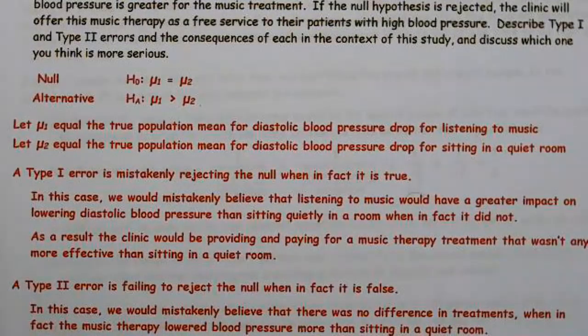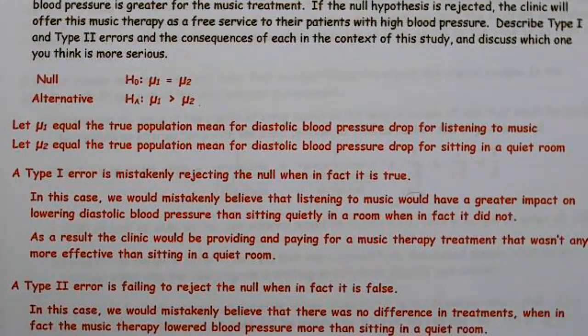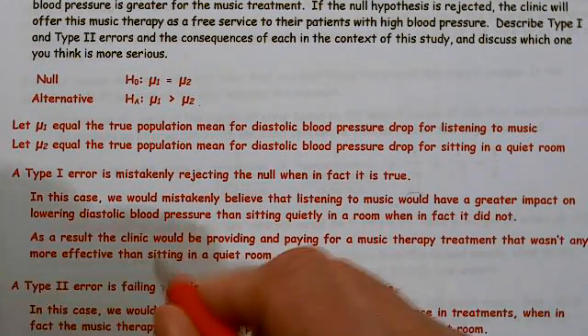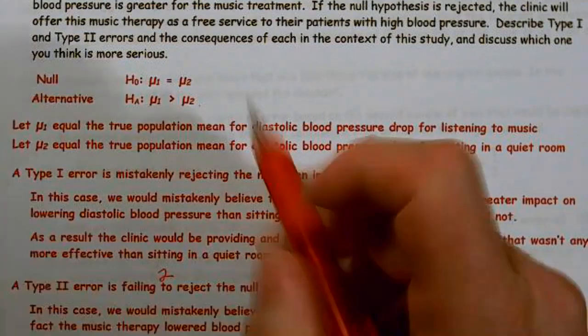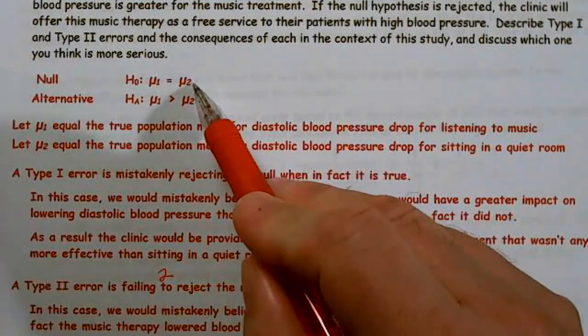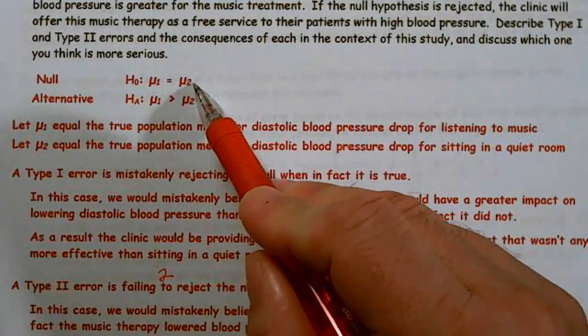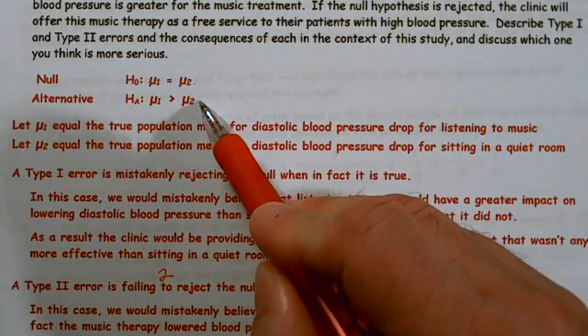And on the other hand, a type 2 error is failing to reject. And I know this is kind of corny, but just remember, failing to, type 2. So failing to reject the null when it is false. So in other words, I didn't reject this. I believed this, but it was false. It was an error. I should have believed that the music helped.